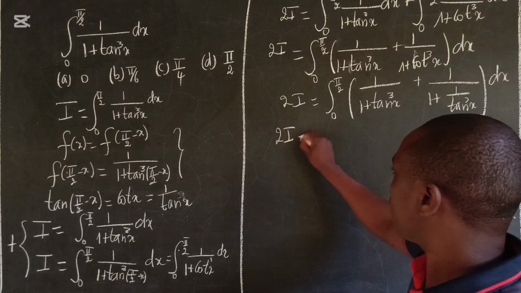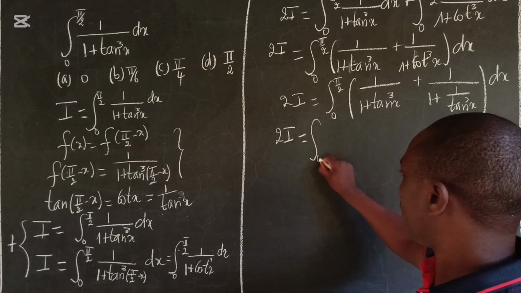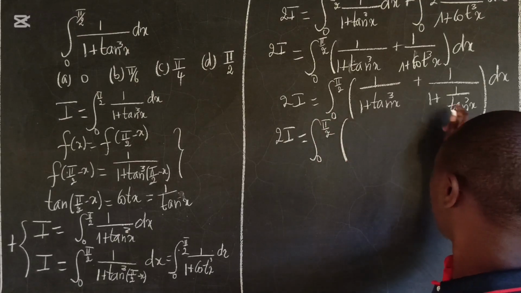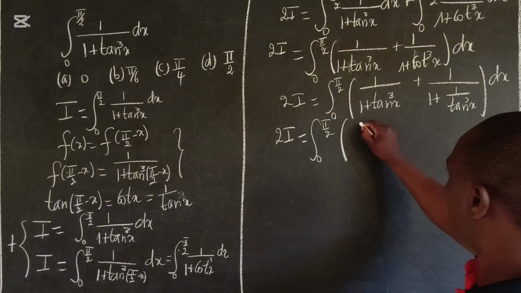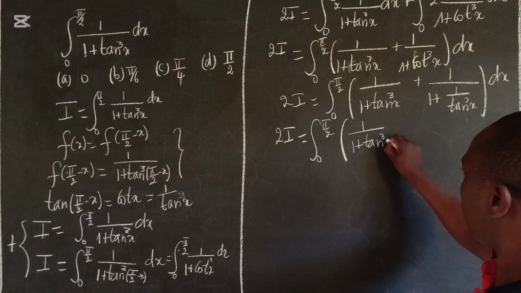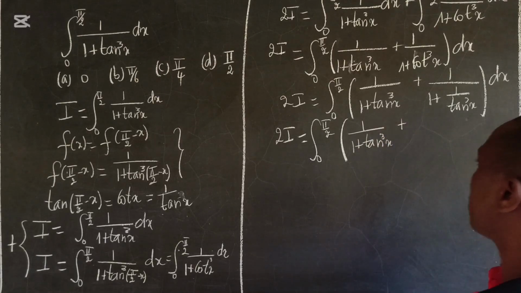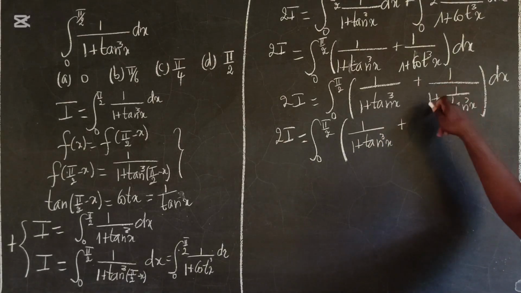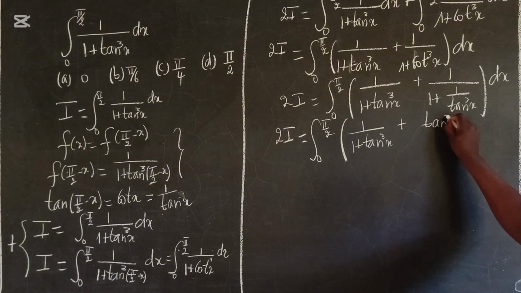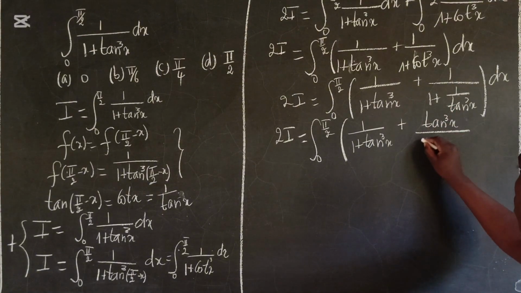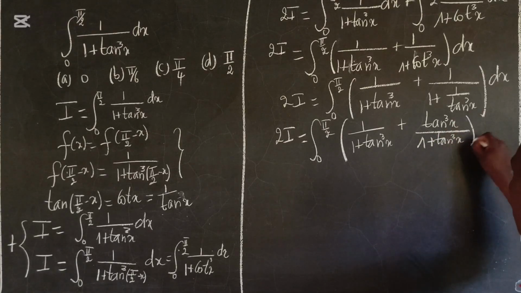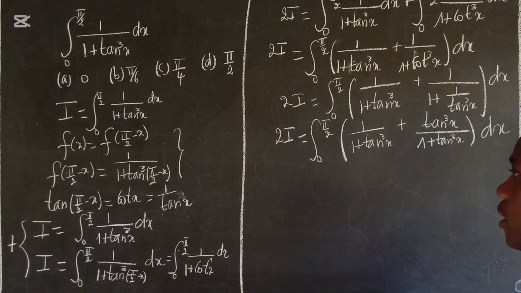Here 2I is equal to the integral from 0 to pi over 2 of 1 over 1 plus tan power 3x plus, putting on a common denominator, tan power 3 of x over 1 plus tan power 3x, dx.